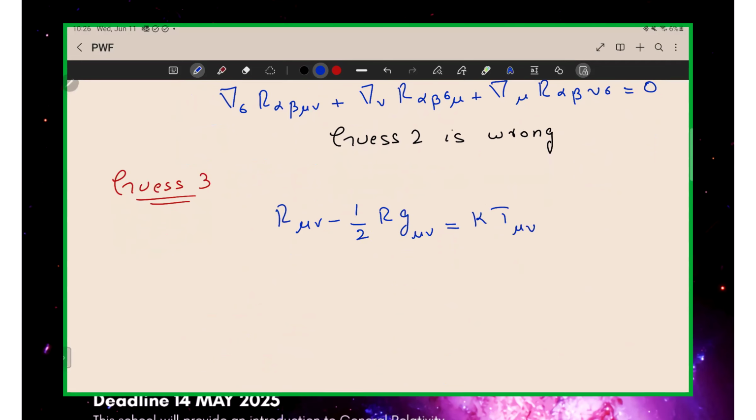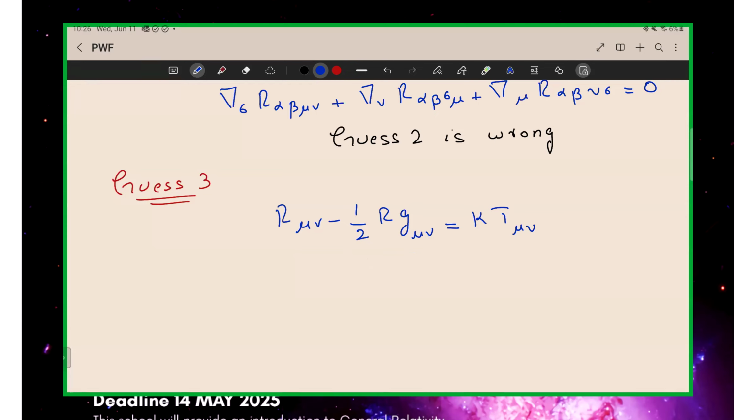Now, as you can see, this side is symmetric, right? If T mu nu is 0, then this side allows flat space-time. And this side has a zero contraction with the covariant derivative. So this doesn't have any obvious flaws, right?